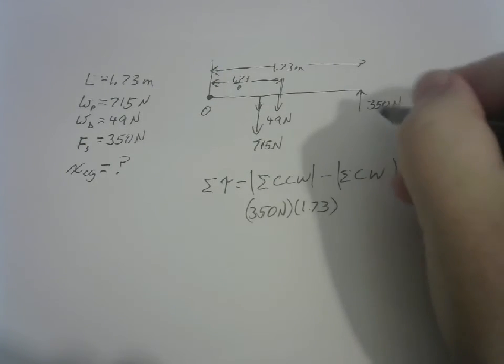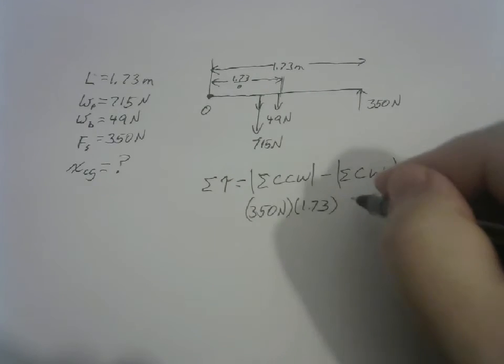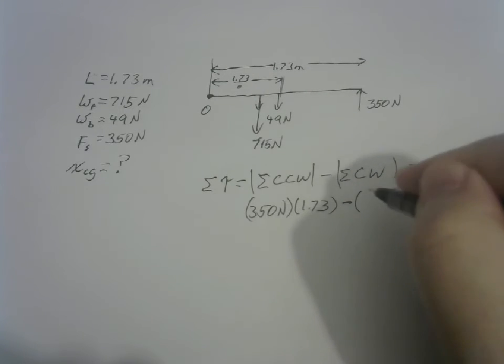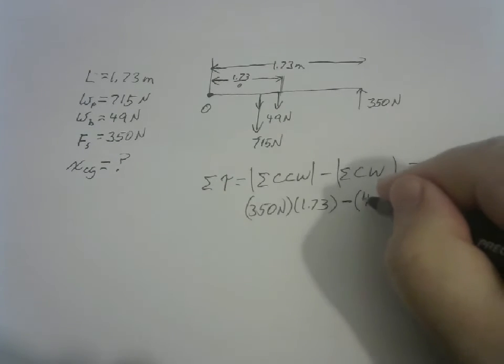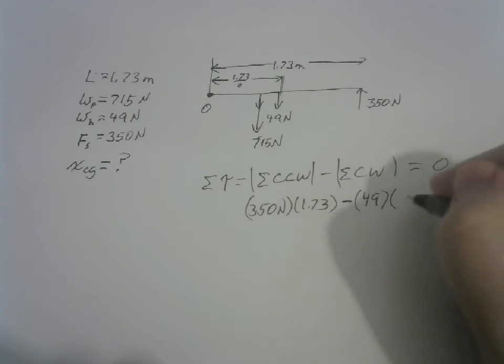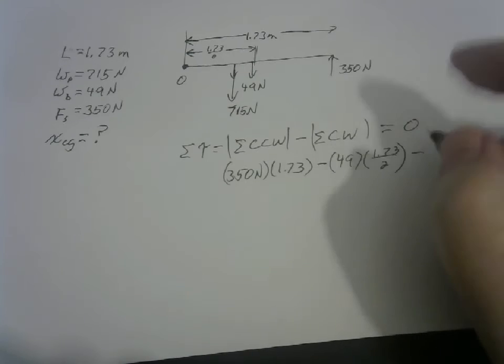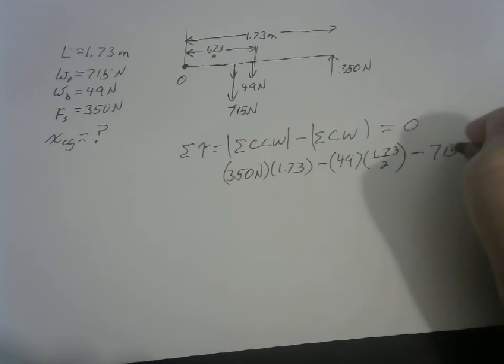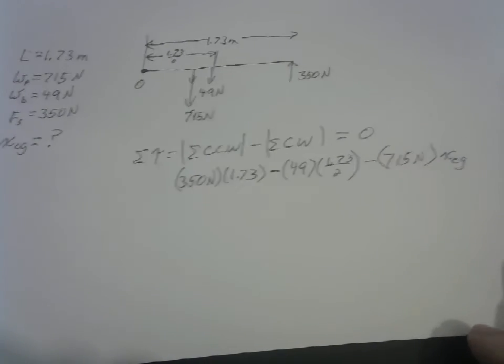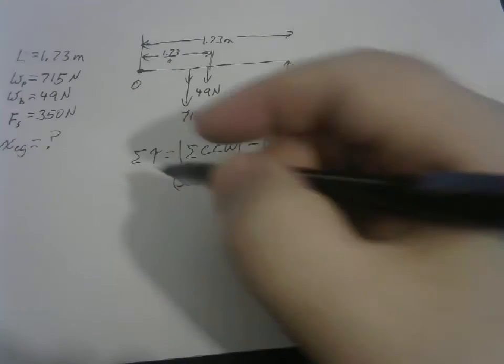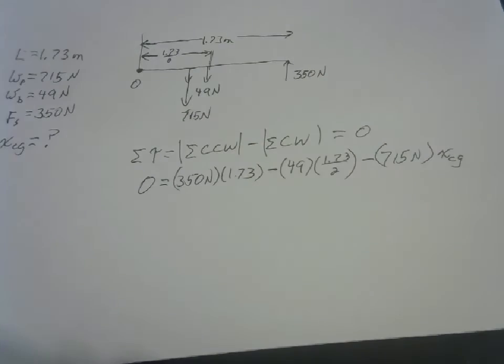That would be this right here. And the clockwise would include the 49 newtons at 1.73 over 2 and the 715 newtons at an unknown distance, x center of gravity. And that is going to be all equal to 0.